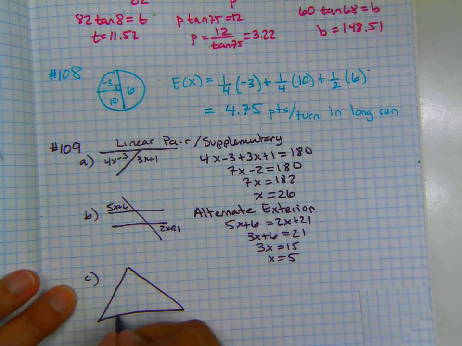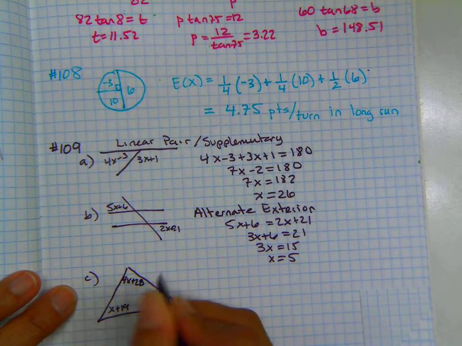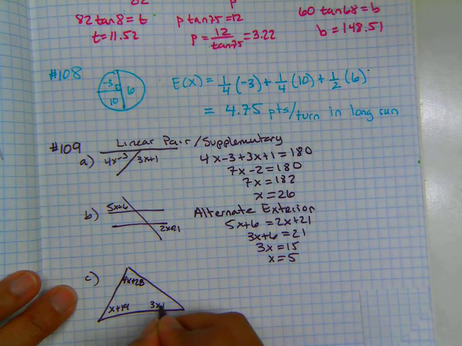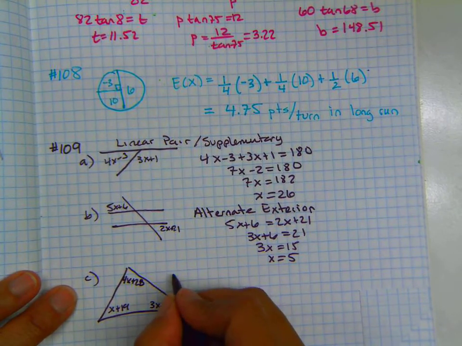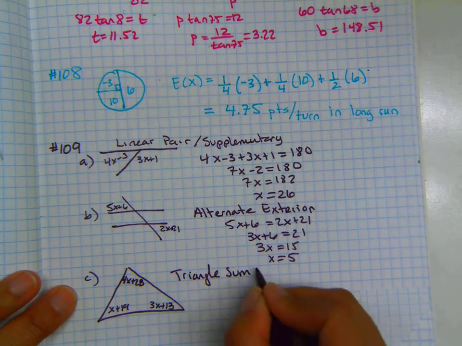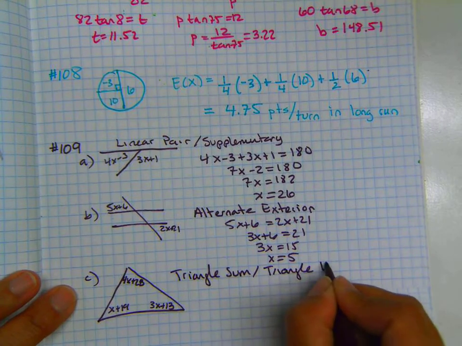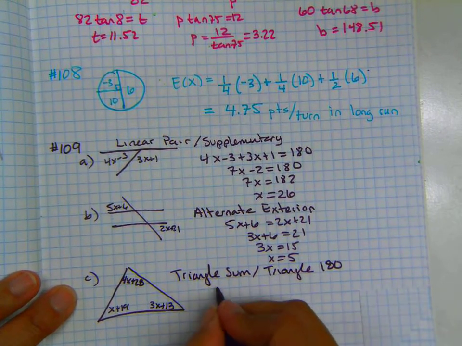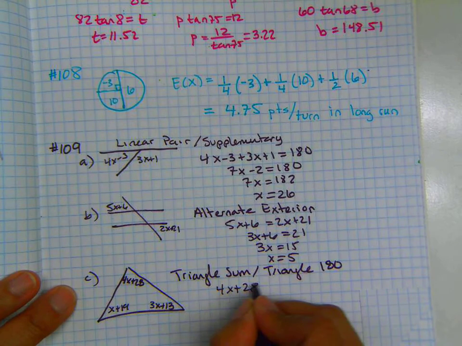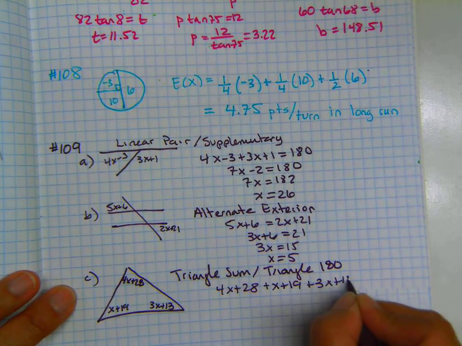All right, C. So we have the triangle. What do you know about triangles and their angles? Yep, they add to 180. So we could go triangle sum, or your teacher might call it triangle 180. So we have 4x plus 28 plus x plus 19 plus 3x plus 13 equals 180.